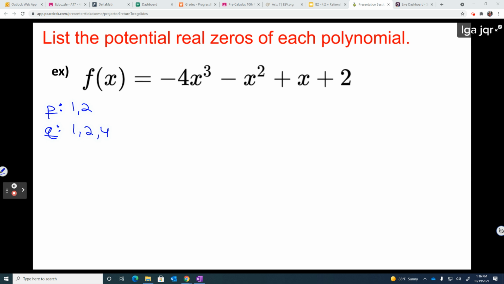I always just did the first P over all the Q's and then the second P over all the Q's. So possible zeros. Plus or minus 1 over 1. Let's just make that 1. Plus or minus 1 over 2.